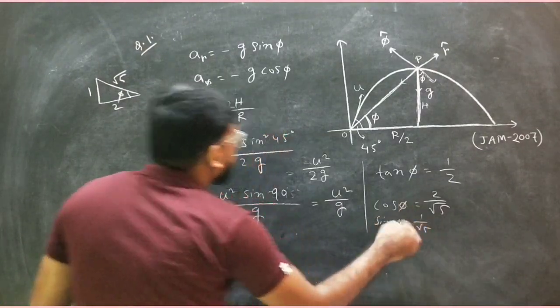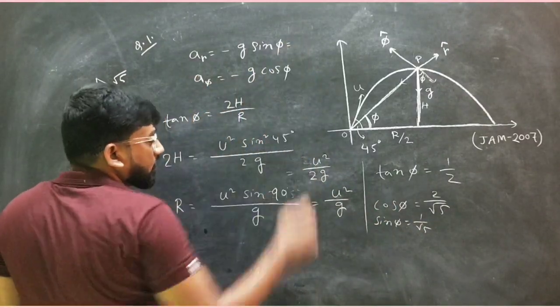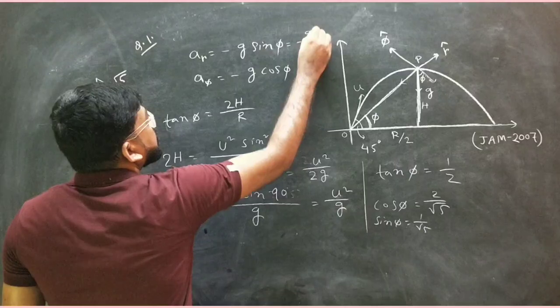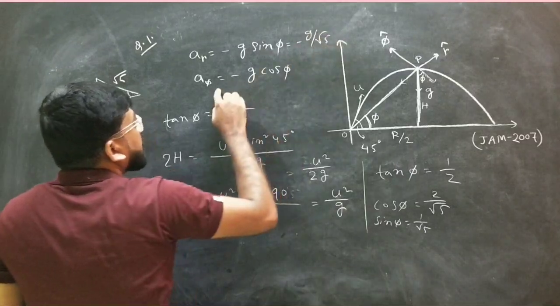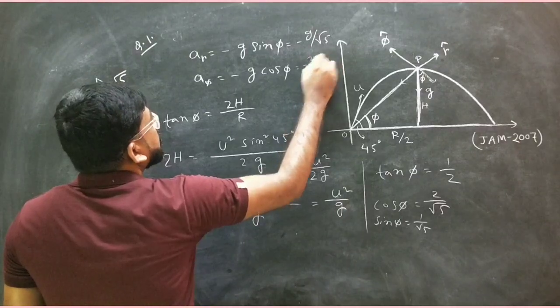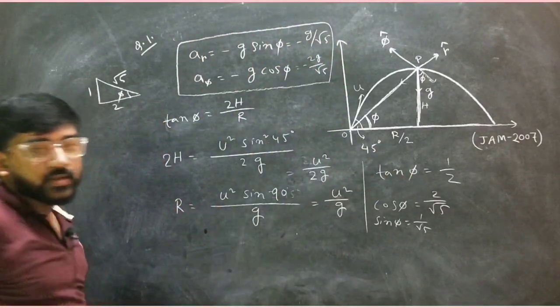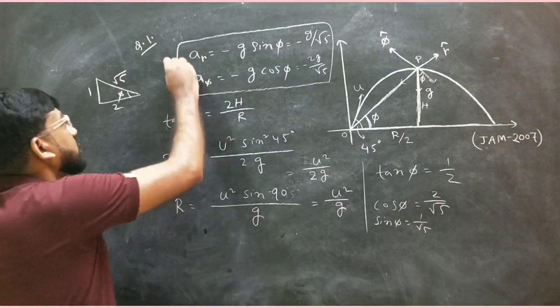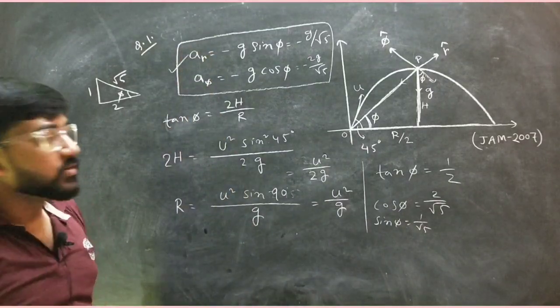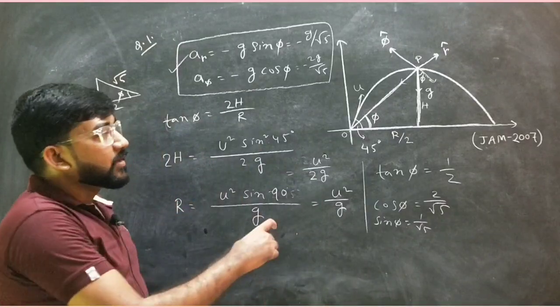Now if you substitute this value here, what will you get? AR will be minus g by root 5, and A phi will be minus 2g by root 5. So this will be your answer to this problem, and you can match it with the options. This question was asked in JAM 2007.